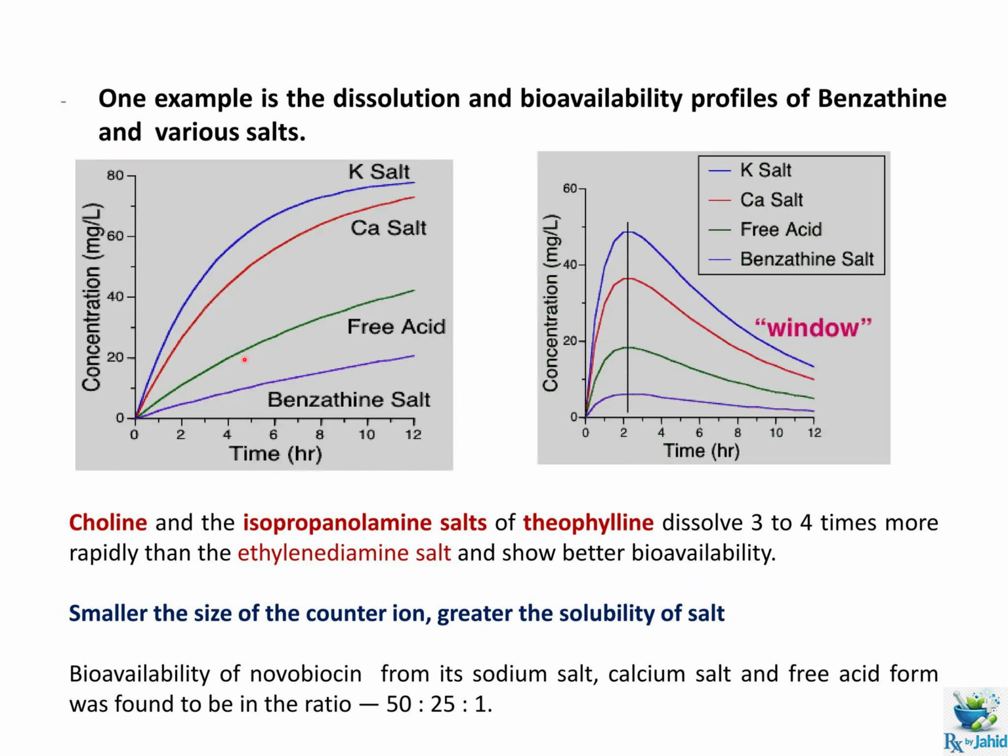That's why a drug having a potassium salt and a calcium salt, in comparison with the free acid, both salts will have better dissolution, but between these two, potassium would have better dissolution. Why? Because potassium has the lower molecular size. So these are the overall scenario you can already understand from our discussion.